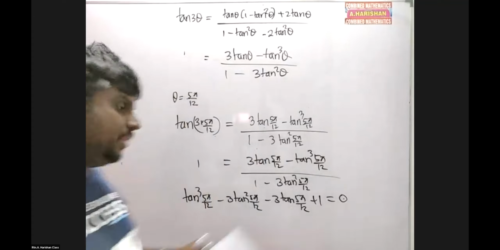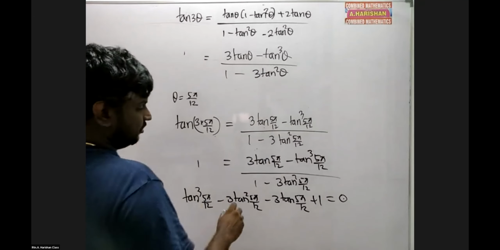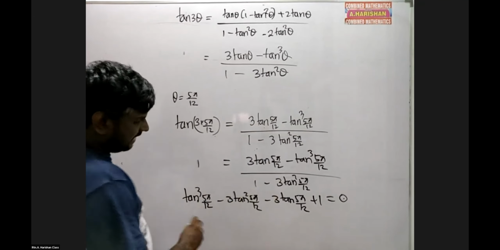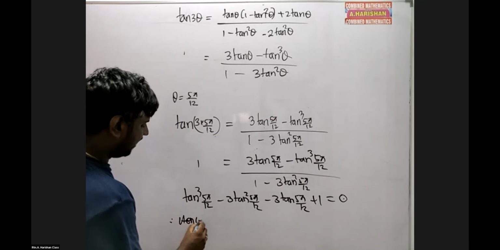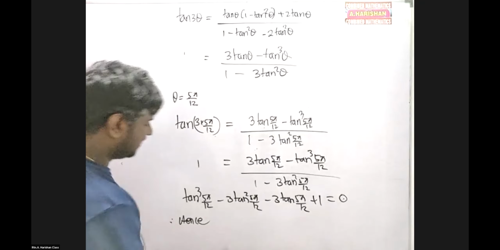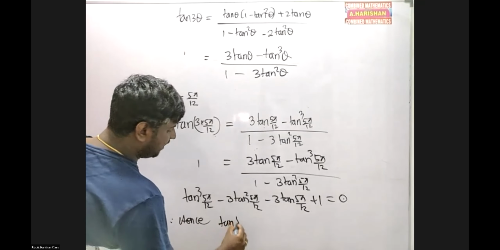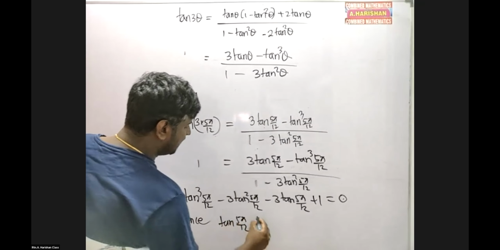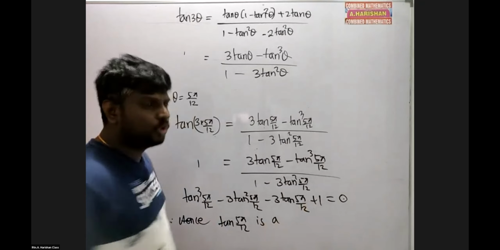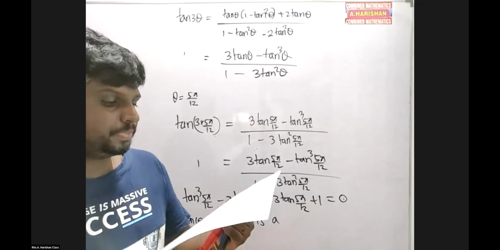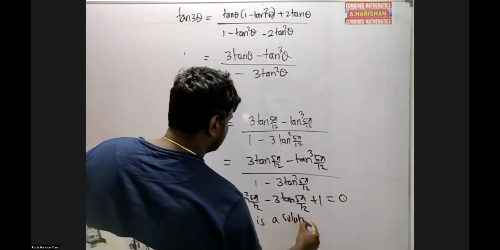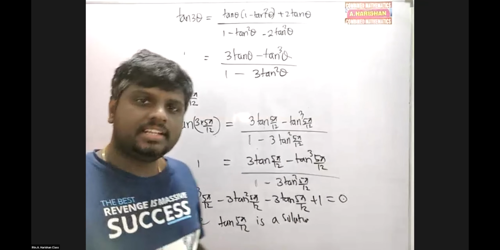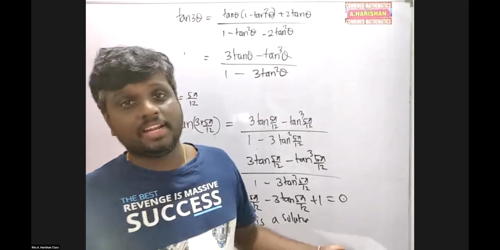So hence, straight away you can write, hence tan 5 pi by 12 is a root or a solution. We have learned quadratic equations and polynomials.